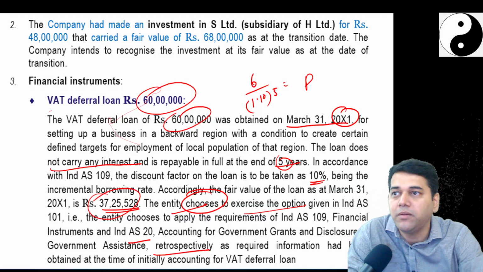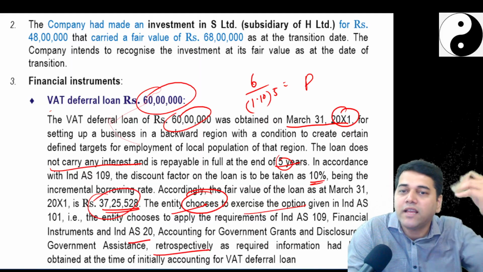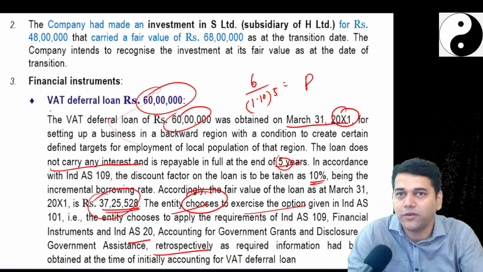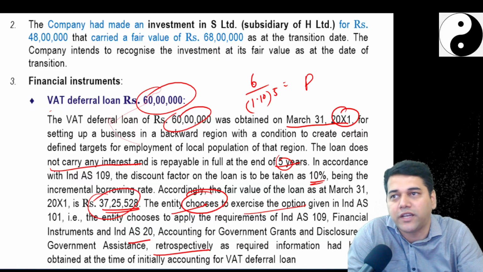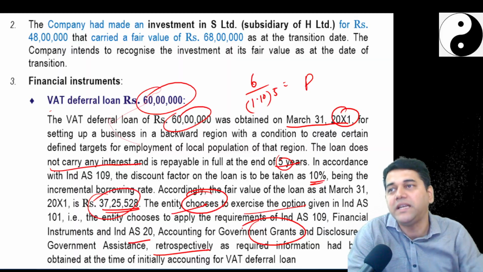But here, just yesterday I got this loan. So I cannot say I don't have any information. Information is readily available with me, my discount rate, everything. And I have opted here to split it.